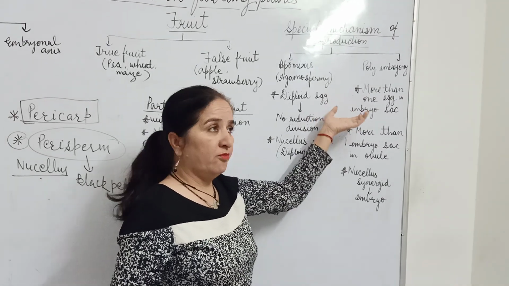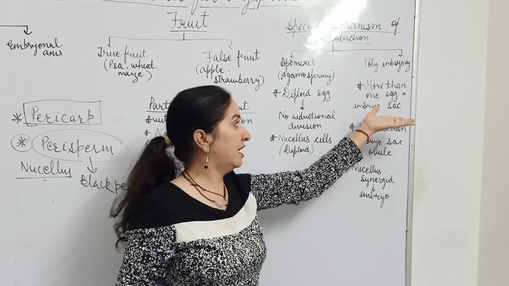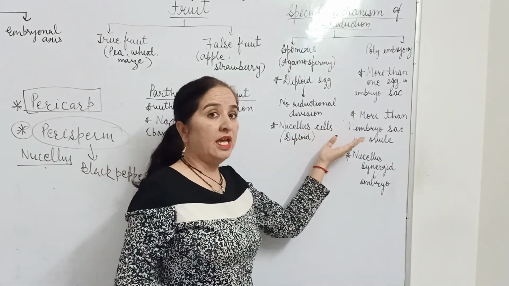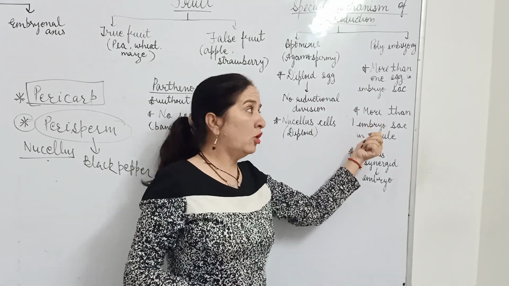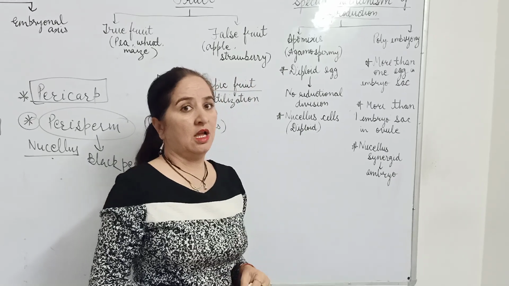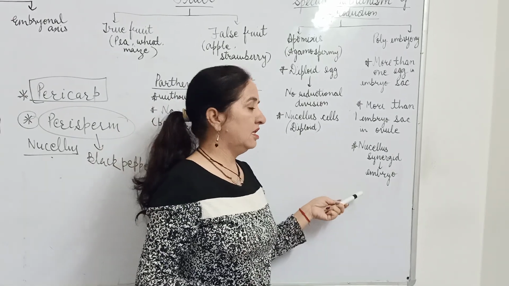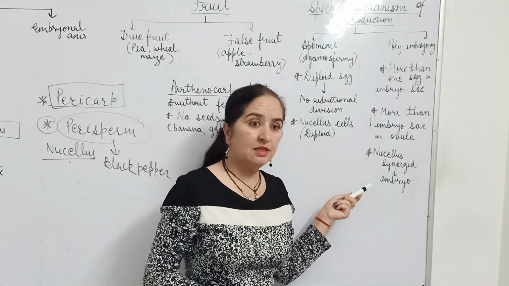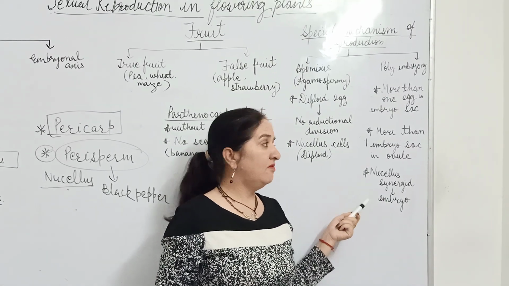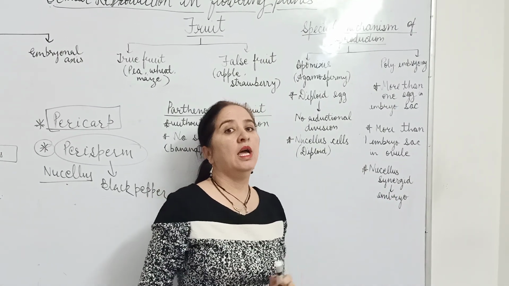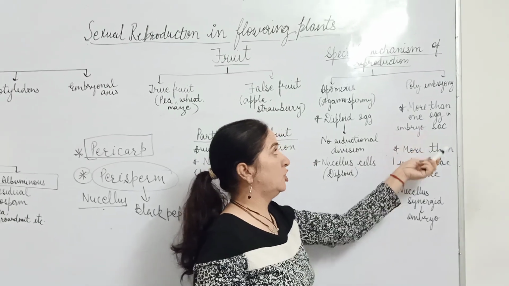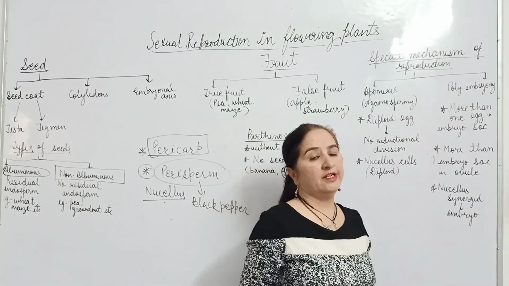It means if more eggs are there, more seeds are able to be formed. Or we can say in one ovule, more than one embryo sac is present. And another reason is the cells of nucellus and synergid start behaving like an embryo. In these situations, polyembryony will take place.